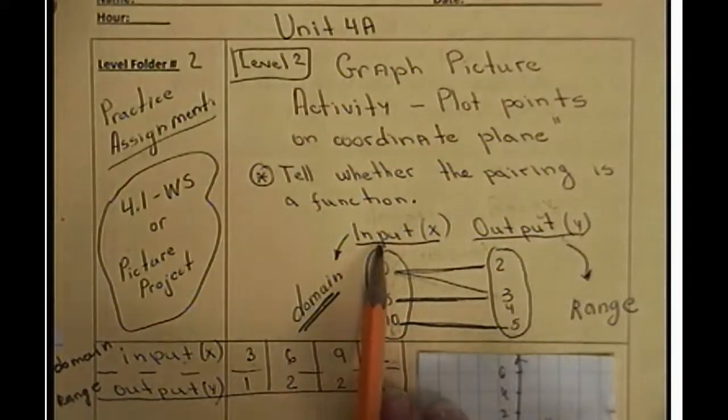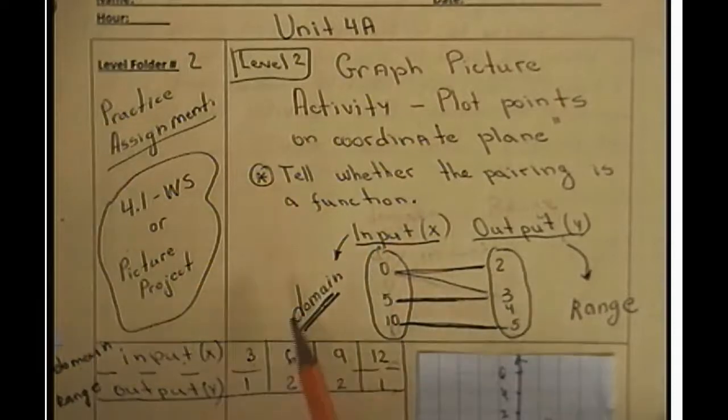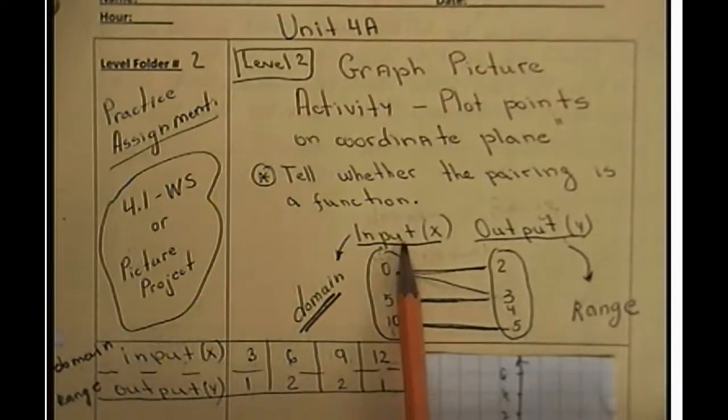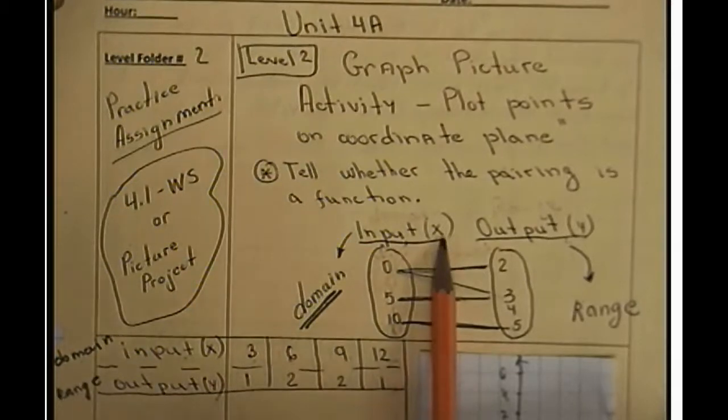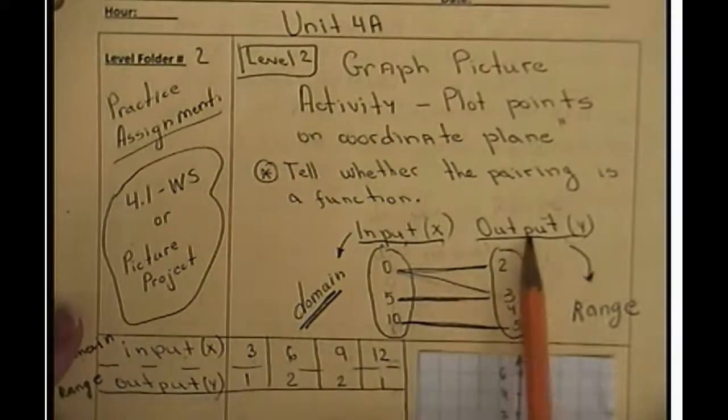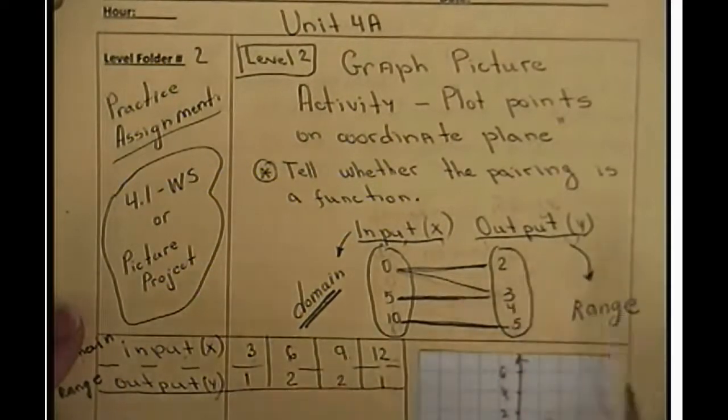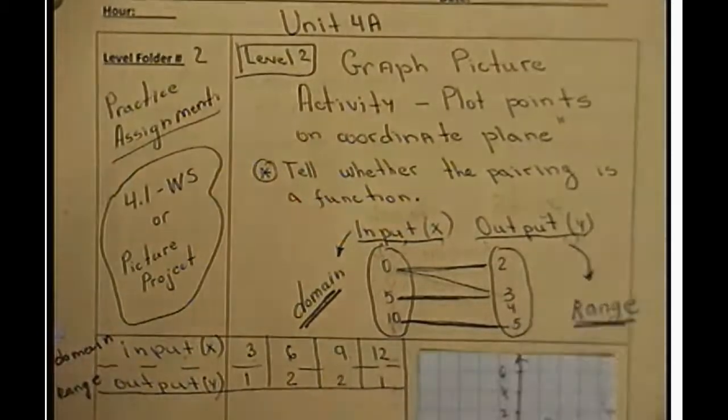So there's just another term to remember, unfortunately, but this is math and we have a lot of things. So domain and input are the same exact thing that represents variable x on the table or on the coordinate ordered pair. And output is the y coordinate that also is called range.